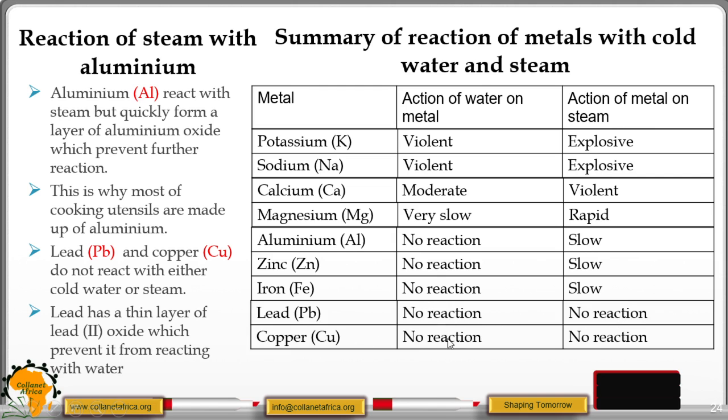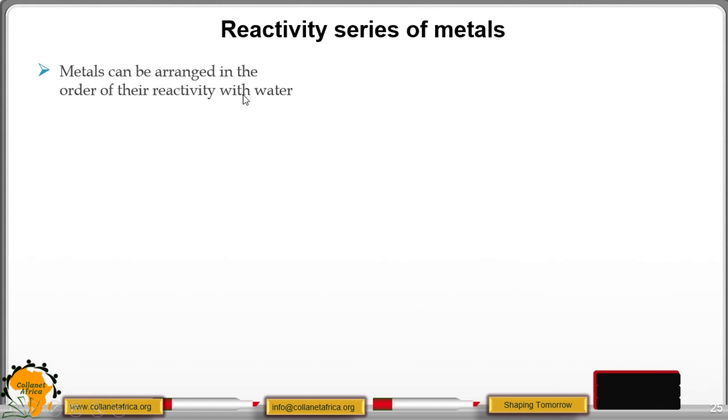Copper: no reaction with cold water, no reaction with steam. And this table summarizes the reaction of metals with cold water and steam. Then let's look at the reactivity series of metals based on hydrogen or on their reactivity with water.